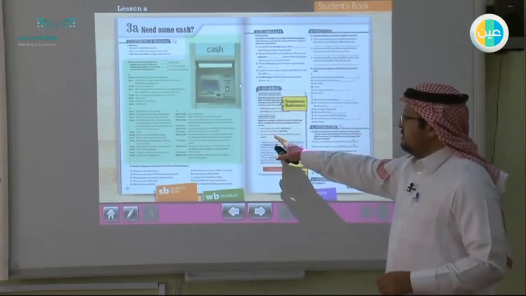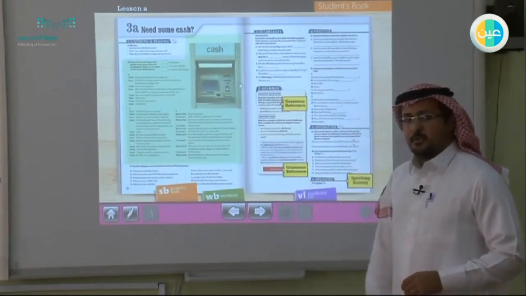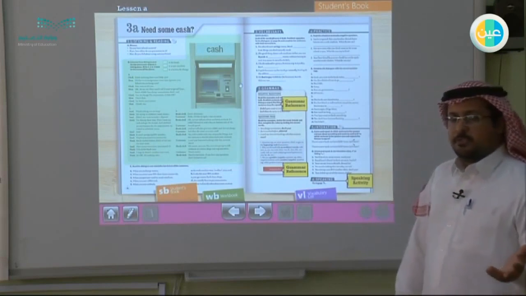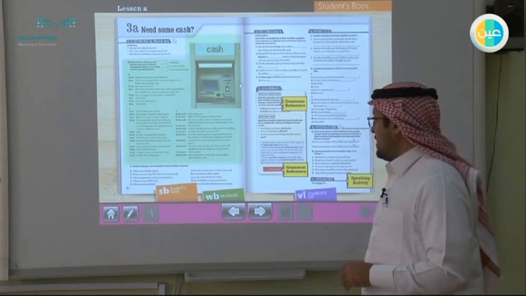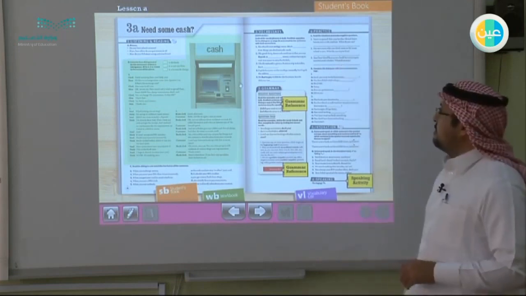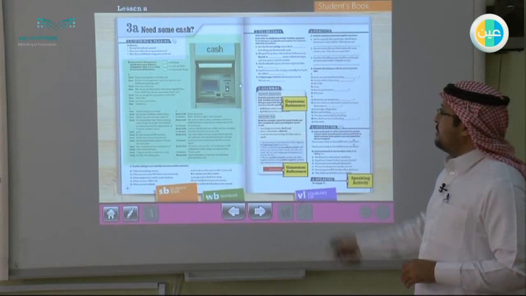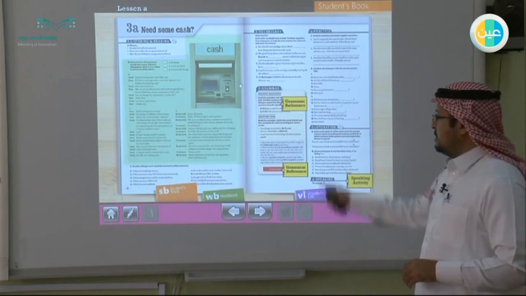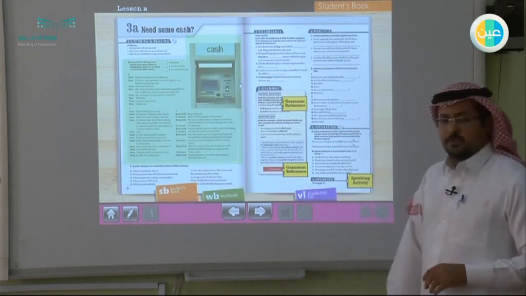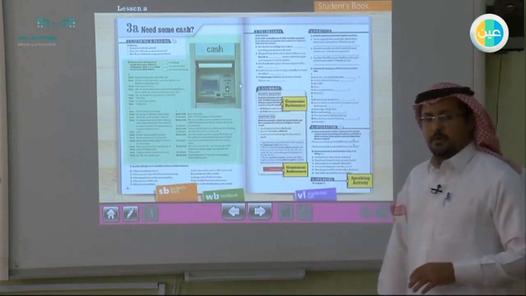The second one was making question tags. With positive sentences, we use a negative question tag and vice versa. Now, we also did some practice on both grammatical rules. Next time, inshallah, we are going to discuss intonation and the speaking section. That's all for now. Thank you.